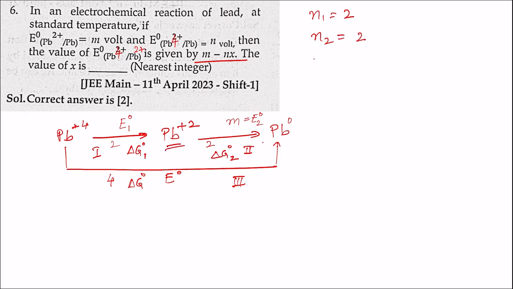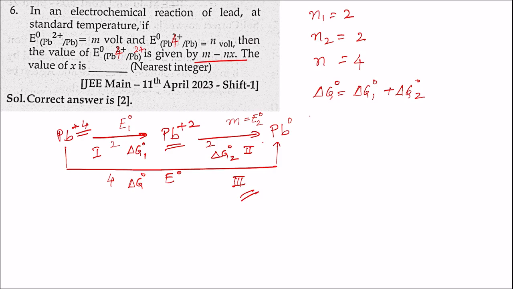For step 3, the number of electrons involved is 4, as lead changes from +4 to 0 oxidation state, so it accepts 4 electrons. Now writing the expression, delta G naught is equal to delta G naught 1 plus delta G naught 2. The delta G naught value for lead from +4 changing to lead, that is for step 3, will be the sum of the delta G values of step 1 and 2.